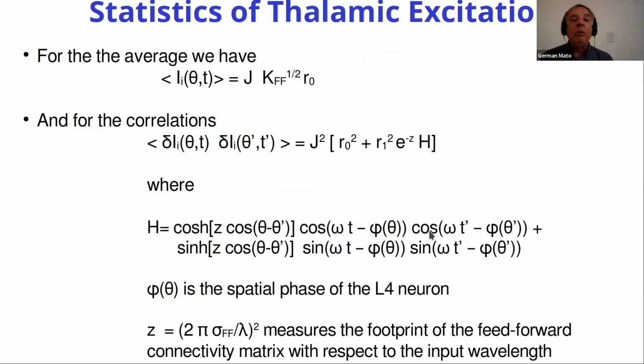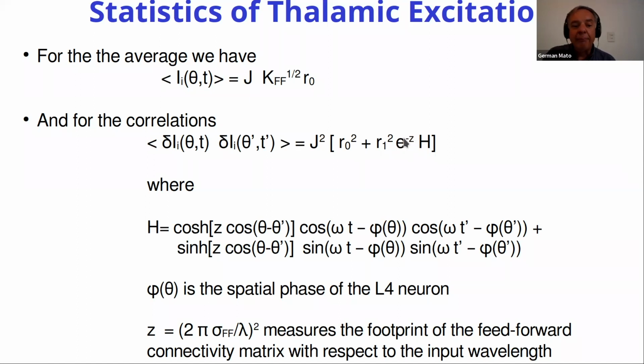So in these simple cases, we can do the calculations. We can evaluate the mean value. We obtain that the mean value is J times the square root of KFF times R0. And for the correlation, we have some complicated expression that is J squared plus something. This something depends on only one variable.